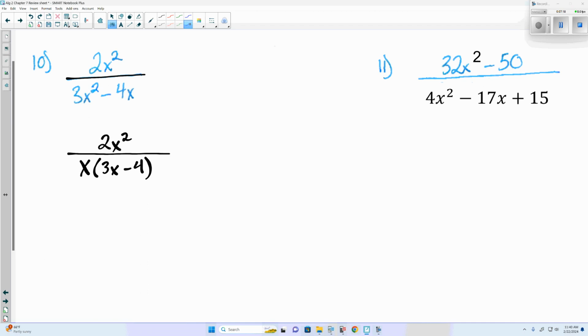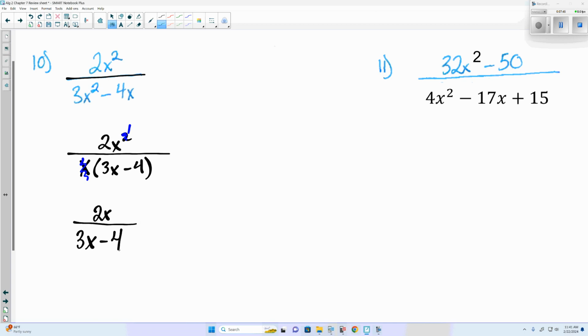Now we need to simplify what's in common on top and bottom. And what is in common on top and bottom of this here? X. So we can cancel an x out on top and bottom. The one on bottom cancels out completely, and we only remove one of the ones on top. So we are left with 2x over 3x minus 4.